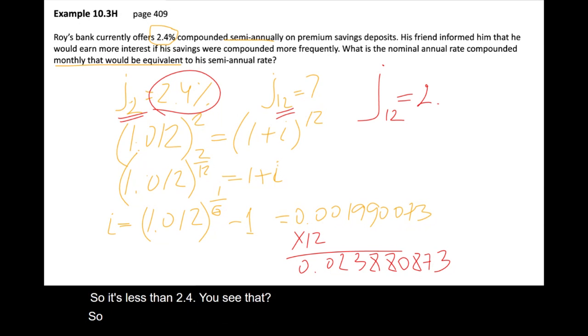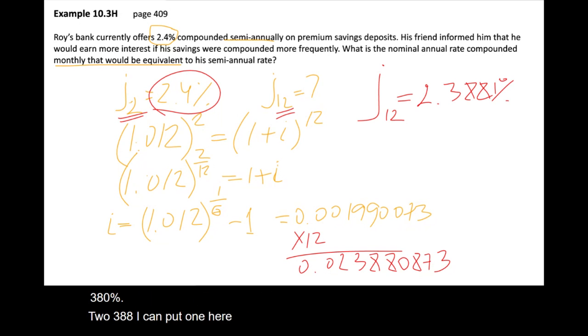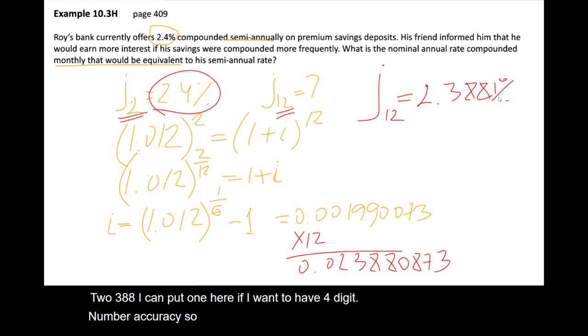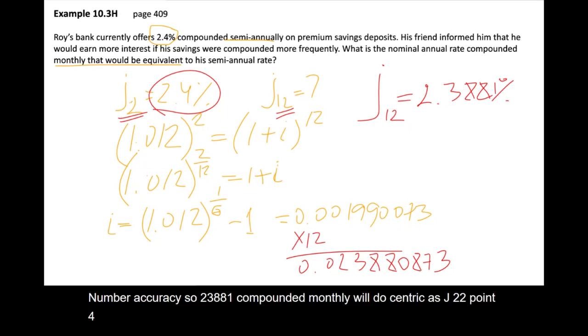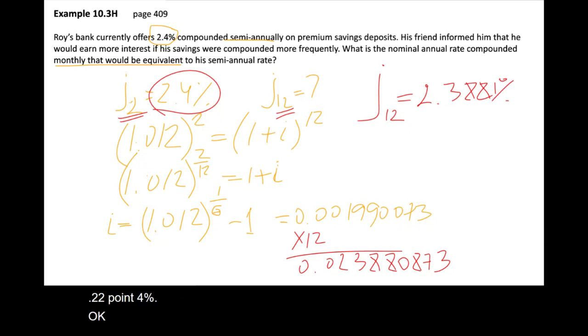So 2.388%. I can put 1 here if I want to have 4-digit accuracy. So 2.3881% compounded monthly will do the same trick as J2, 2.4%. Okay, guys? Any questions?